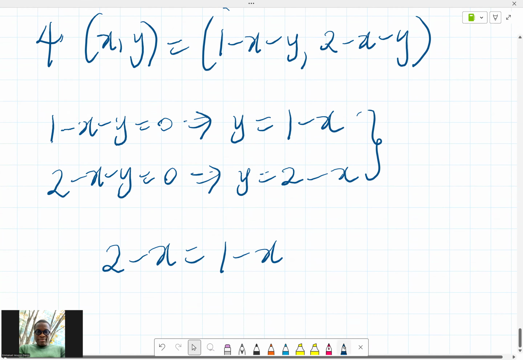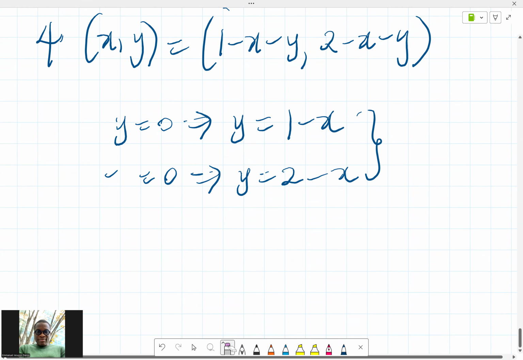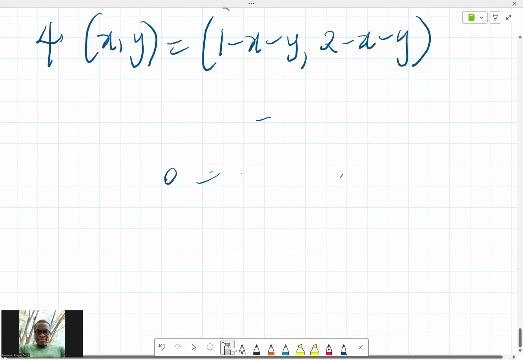Now this is not making so much sense right now. Let me see, there's something from the system I'm not getting right. So this is 2 minus x minus y. This is 1 minus x minus y. Okay.